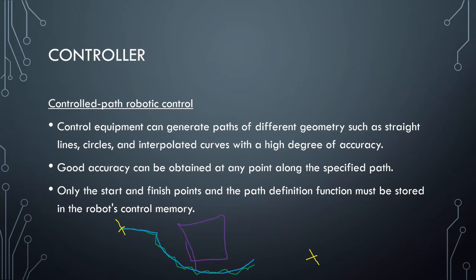So instead of the jerky, halting fashion of the green line, the robot would move in a much smoother fashion of the blue. It can smooth out this geometry. This gives us really good accuracy along the path. We're not trying to manually move it to each tiny point to navigate around an obstacle.